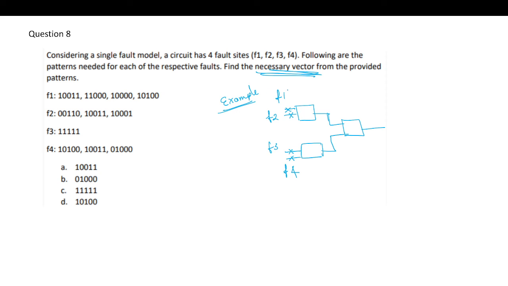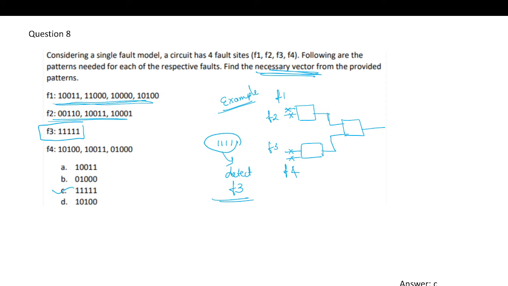Now to detect the F1 fault, all these vectors are sufficient vectors. Similarly, to detect the F2 fault, these are the vectors. Now what a necessary vector is: if I remove this vector from all this list, I cannot detect the F3 fault.